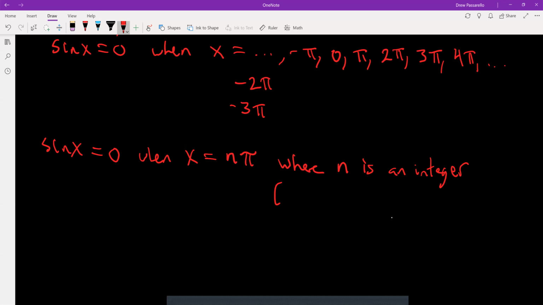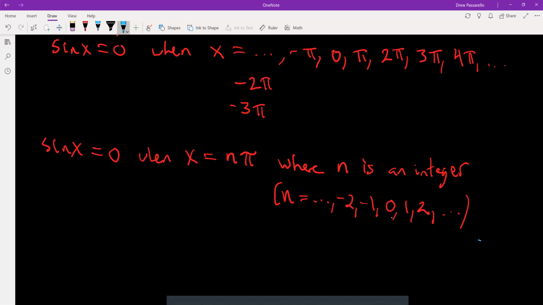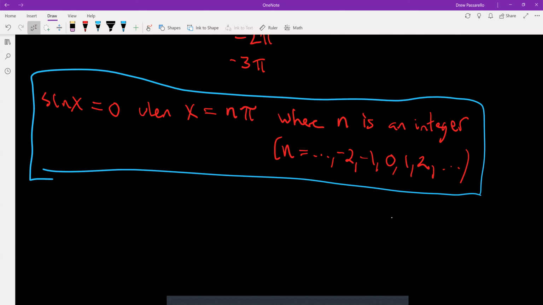Right, that means n can be -2, -1, 0, 1, 2, it keeps going. All right, this is called the general solution.